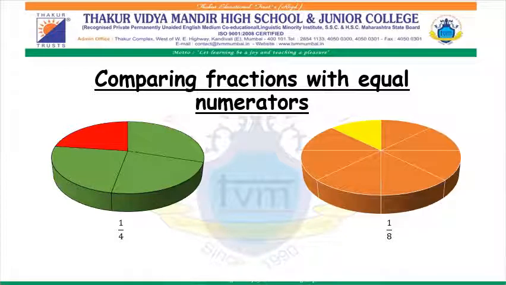Now tell me, if I divide the cake into 4 portions and if I divide the same cake into 8 portions, which portion you will get a bigger portion to eat? Obviously, when it is divided into 4 portions. When I divide into 1 by 8, I am getting a smaller portion to eat.